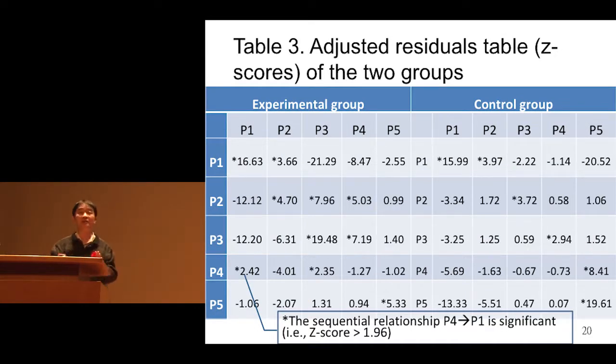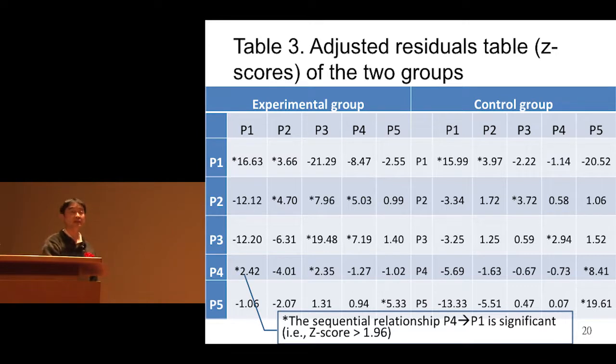And then we can use the same software to transfer the frequency table into this table. In this table, this means a z-score. A z-score greater than 1.96 means that the relationship is significant. So we make a mark on those values bigger than 1.96.